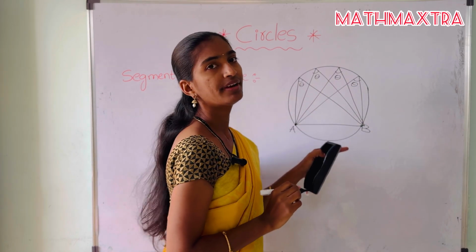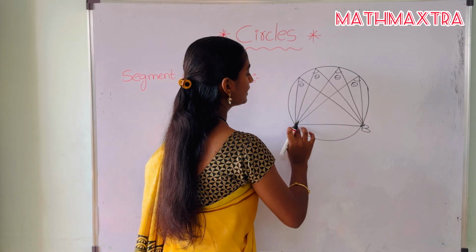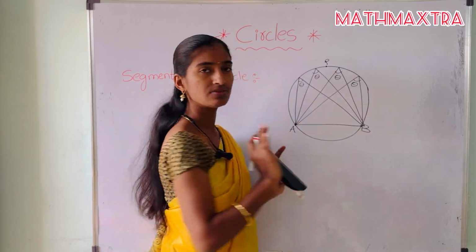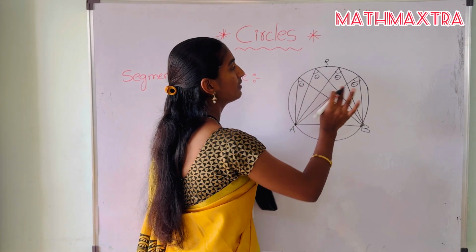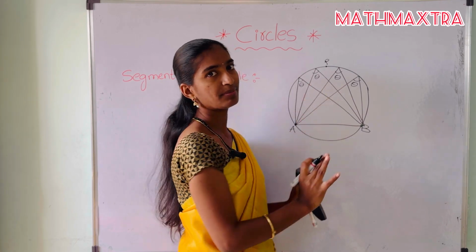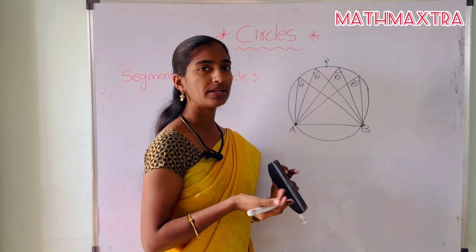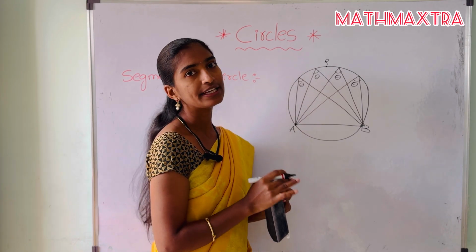So this we define as angles in the same segment. You see this APB is one segment. These are angles in the same segment, that is why these are all equal. So we can define that property as: angles in the same segment are always equal.